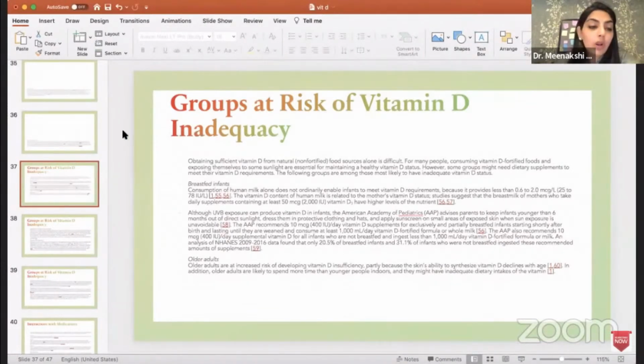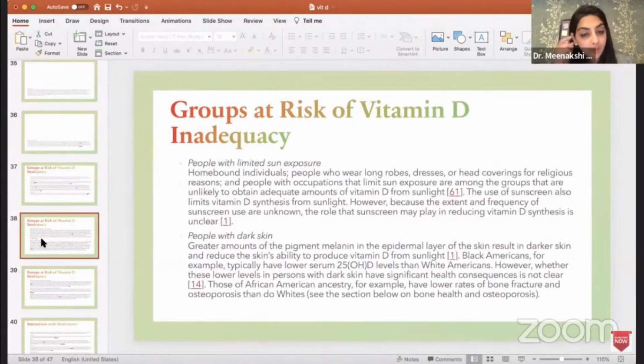You all know that the sun is a good source of vitamin D, but after we get vitamin D from the sun, there are certain processes that go on, first in the skin, then in the liver, then in the kidney. So all these functions are decreased in older adults, and that is why vitamin D inadequacy can occur in them.